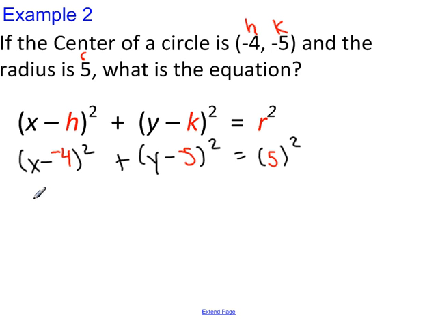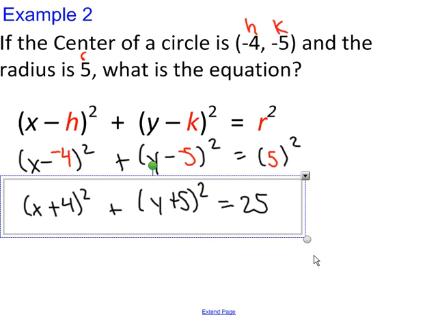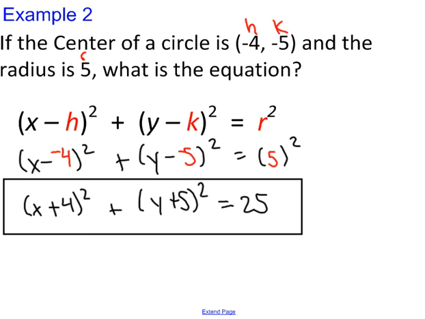That x minus -4 is going to become x plus 4 squared plus, and that y minus -5 is going to become y plus 5 squared equals, and that 5 squared becomes 25. So I get this as my final answer.